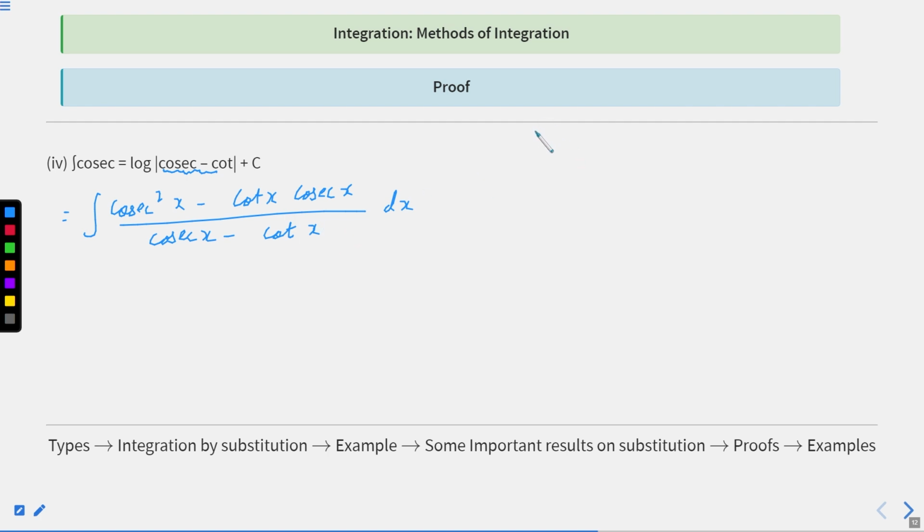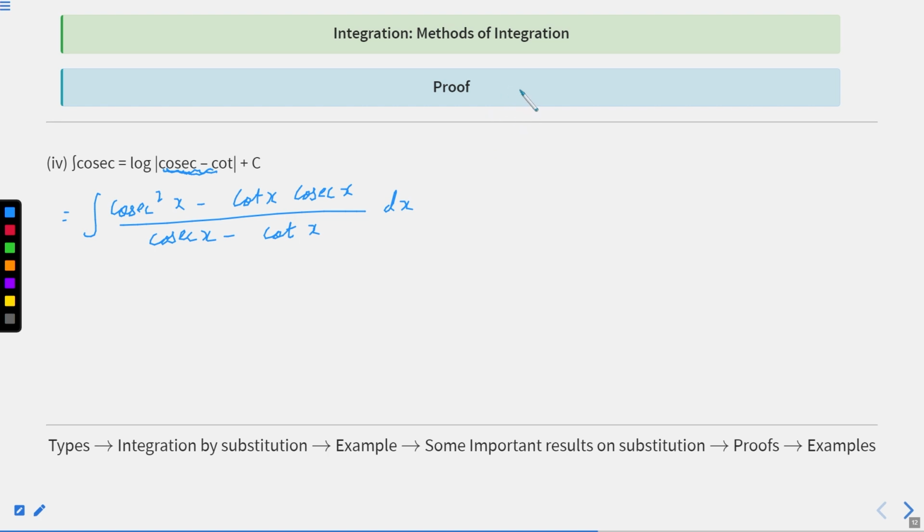What you just did is multiply with this. As per the hint, if you try to multiply this, let me just show you what will happen.